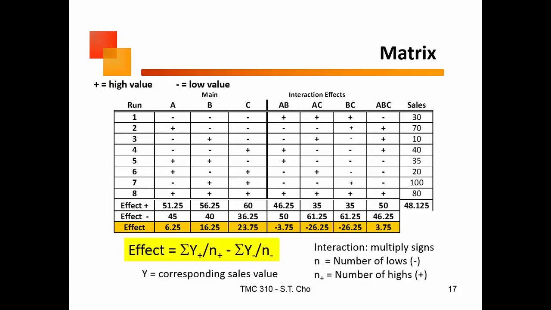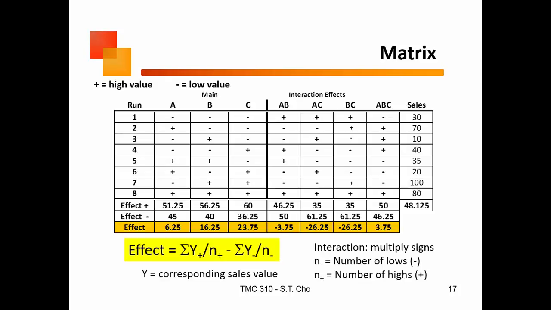Now, the thing I'm concerned about, though, is the interaction effects, meaning is there a combination of A and B that also gets produced, or A to C, or B to C, or A, B, and C? So as you can see, you can create a lot of variables. And so how do I calculate the effect that each of these variables have?